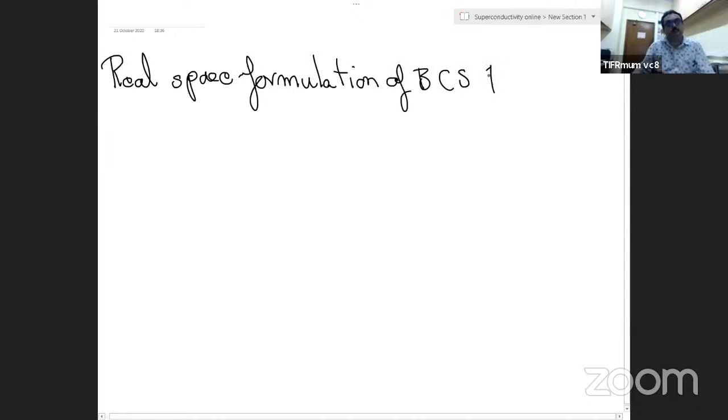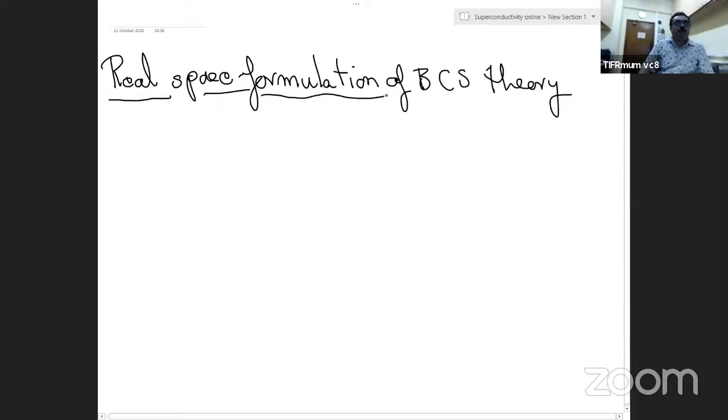Okay, so what we will do today is real space formulation of BCS theory. Now, why do we want to do real space formulation?